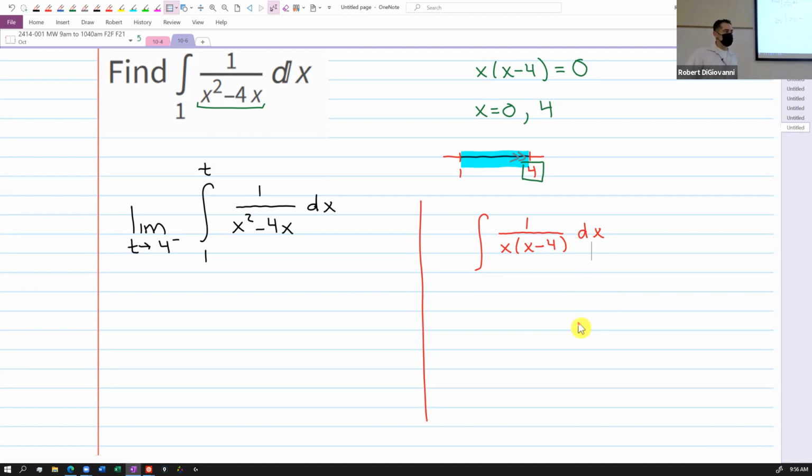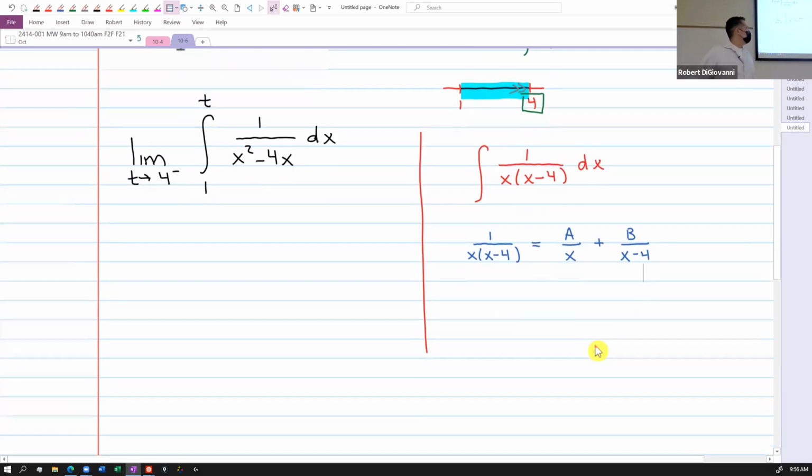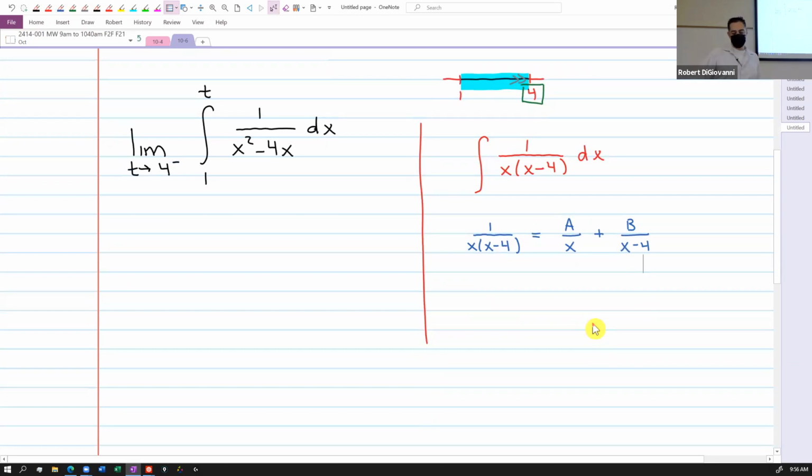Because we do partial fractions, that means we're going to rewrite this 1 over x times x minus 4. Notice I'm not doing an integral right now. Rewrite it as a over x plus b over x minus 4. Do y'all see what I'm doing here? We've done that, and then we have to figure out what a and b are.